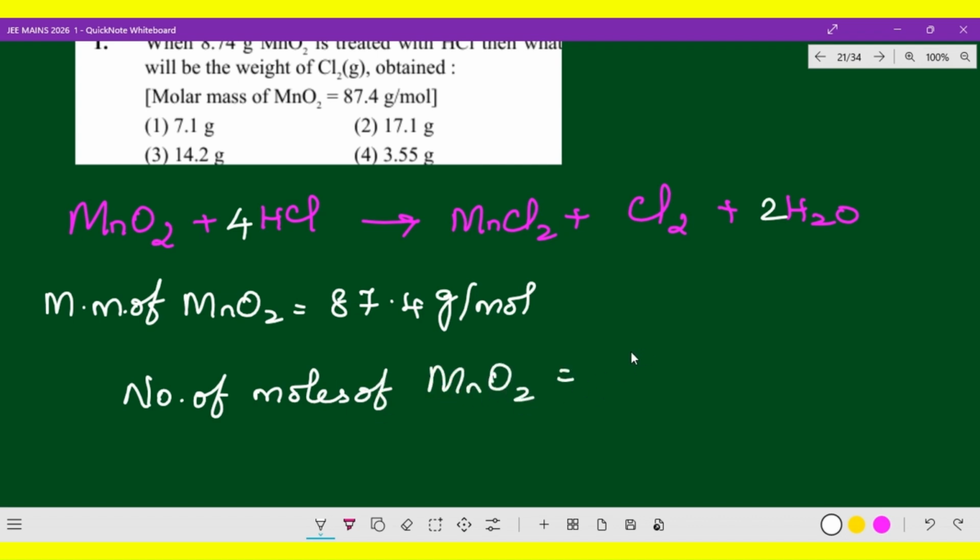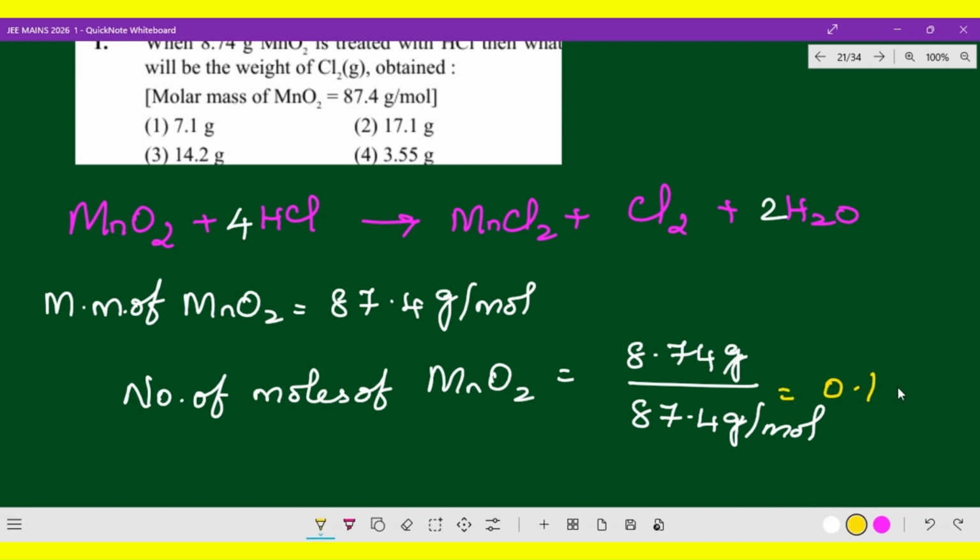Given mass 8.74 gram divided by the molecular mass of MnO2, which we have just found, 87.4 gram per mole. So gram and gram will be cancelled. Now this is 0.1 mole.